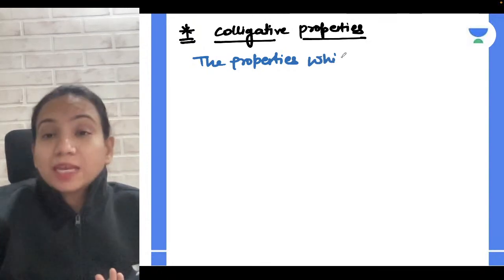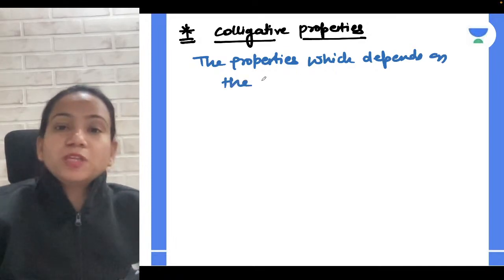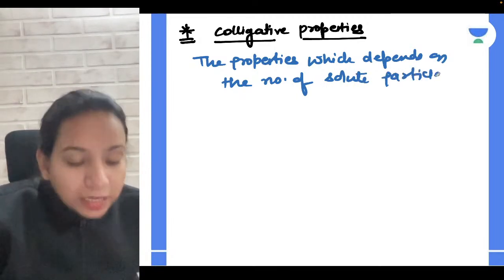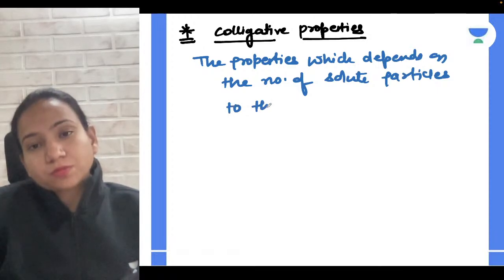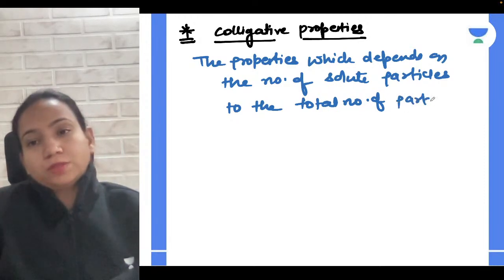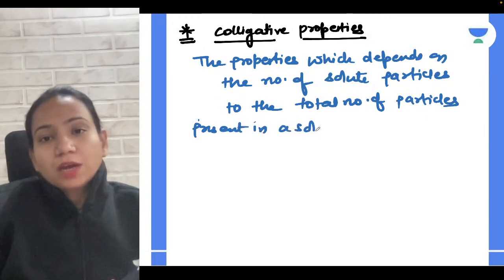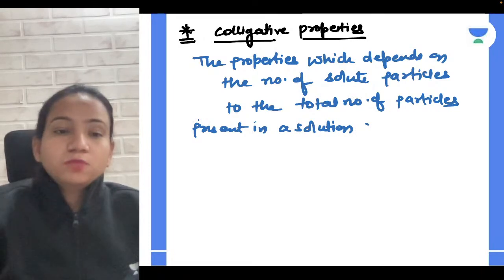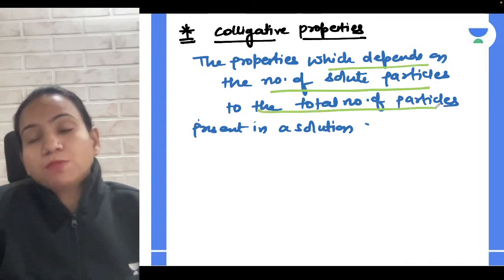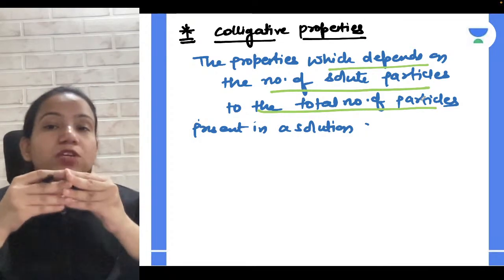The properties which depend on the number of solute particles to the total number of particles present in the solution. Out of the total number of particles, how much solute is present. So basically we can relate it to concentration.